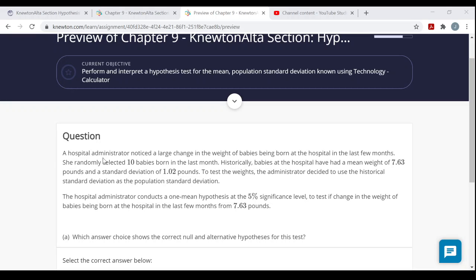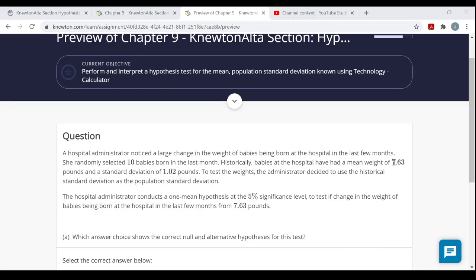A hospital administrator noticed a large change in the weight of babies being born at the hospital in the last few months. So she randomly selected 10 babies born in the last month. Historically, going back with previous data, babies at the hospital had a mean weight of 7.63 pounds and a standard deviation of 1.02 pounds.